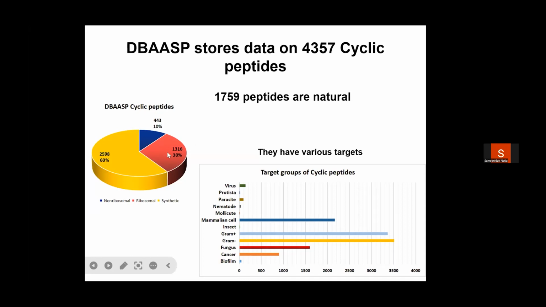From these natural cyclic peptides, non-ribosomal is 443, ribosomal is 1,316, and synthetic is 2,598. These peptides have various targets, and the most targetable groups are gram-positive and gram-negative bacteria.